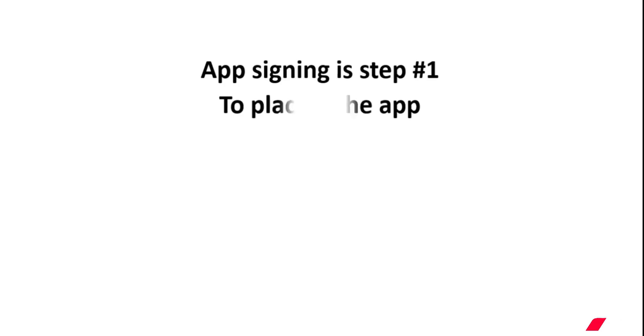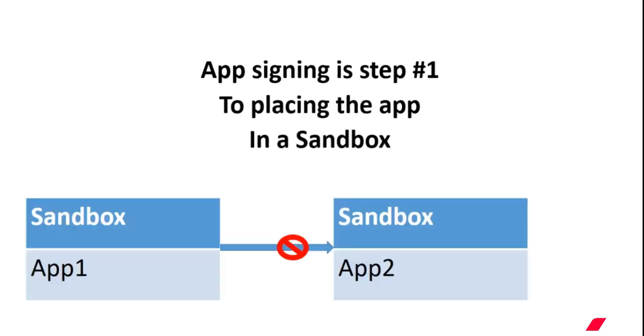Now on Android, application signing is the first step to placing an application in its application sandbox, okay? The signed application certificates define which user ID is associated with which applications, and different applications run under different user IDs. Now application signing ensures that one application cannot access another application except through a well-defined IPC.